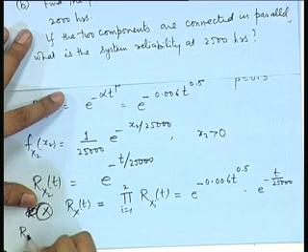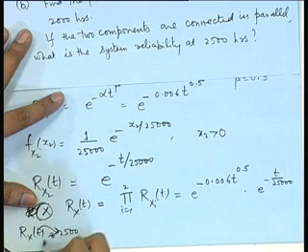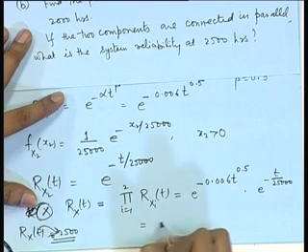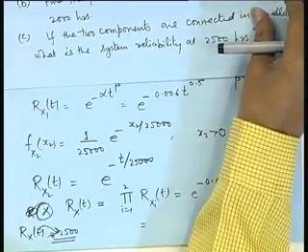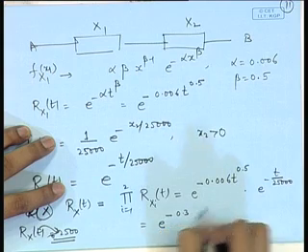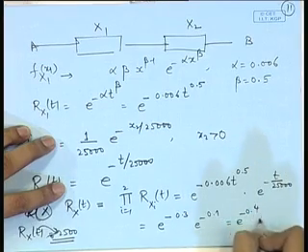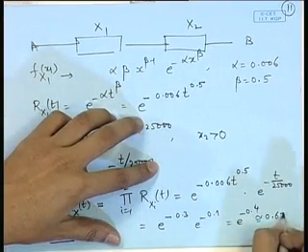So, if we are calculating the system reliability at 2500 hours, at t is equal to 2500, then after substitution, this value is evaluated to be e to the power minus 0.3 and this one will become e to the power minus 0.1, that is equal to e to the power minus 0.4, which is approximately 0.67.